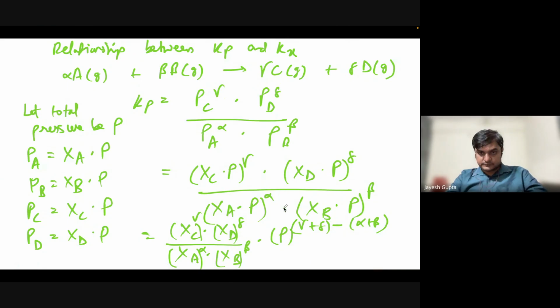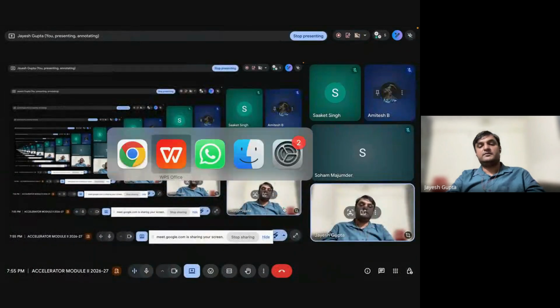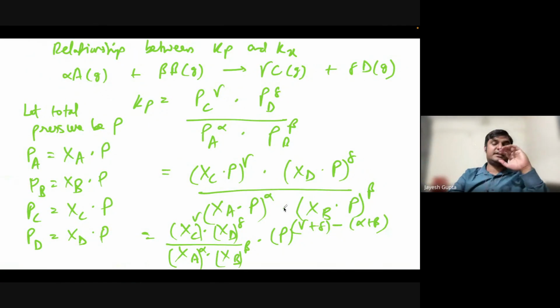Now here, like in the previous one, where we put RT on one side and concentration terms on one side so that we can introduce Kc, here also you can put mole fractions on one side and pressure on one side. So you can write like this: mole fraction of C raised to the power gamma, mole fraction of D raised to the power delta, divided by mole fraction of A raised to the power alpha and mole fraction of B raised to the power beta, multiplied by P. And for P you have to write gamma plus delta minus alpha plus beta, because gamma and delta come in the numerator, that is our product side, and alpha plus beta is the reactant side, coming in the denominator.